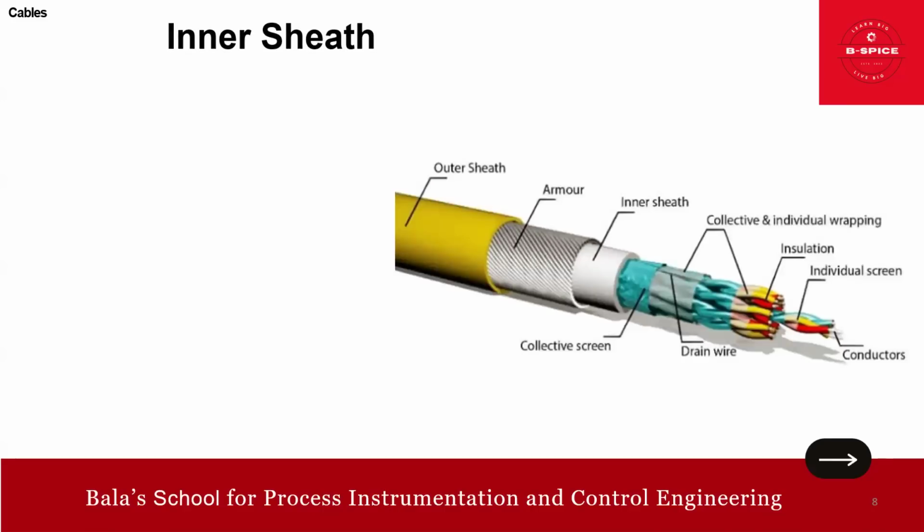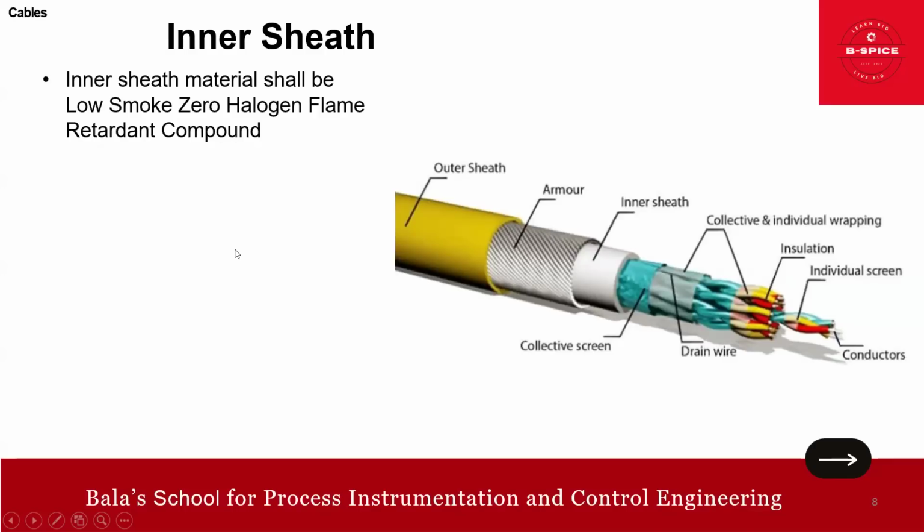Now, so far, what have we covered? We have covered the conductor, right, friends? Then we talked about insulation, then identification. Now we talk about the inner sheath. What is this inner sheath? As you can see here, we are talking about this one.